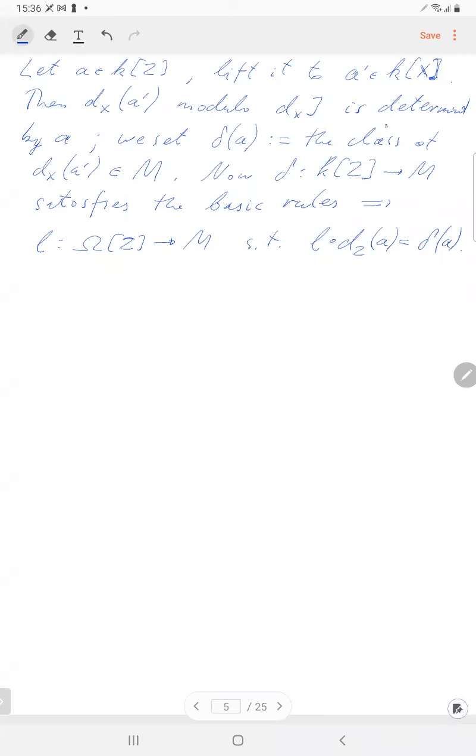Now we have this naturality property that dz of i star a was equal to i star of dx a, maybe a prime if you want, like this.